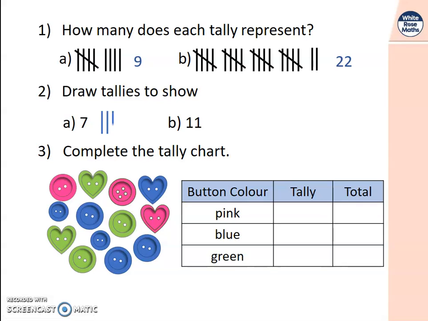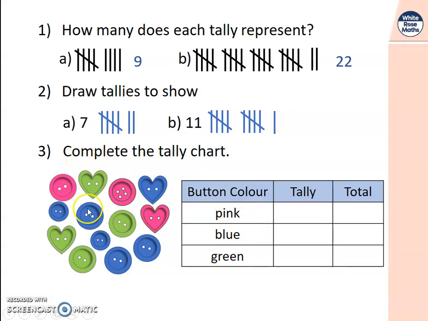So 1, 2, 3, 4, 5. Remember to cross it through when you count 5. 6, 7. And B, 1, 2, 3, 4, 5. Cross through it. 1, 2, 3, 4, 5. Cross through it. And one more. 5, 10, 11. So now it's time to complete the tally chart.